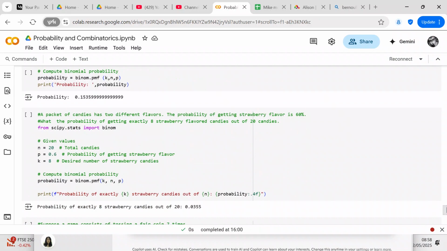Total number of candies is n equals 20. Probability of getting a strawberry flavor is p equals 0.6. The desired number of strawberry candies is k equals 8. So we're going to compute the binomial probability as probability equals binom.pmf, and then brackets k, n and p. We're going to print the probability, which is 0.0355.